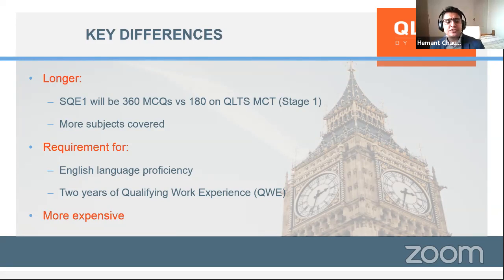And also the SQE does require you to have an English language proficiency, and you must also evidence 2 years of qualifying work experience to qualify as a solicitor via the SQE. The QLTS has no training, contract, or work experience requirement. Once you pass the QLTS assessments, you can apply straight for admission as a solicitor.